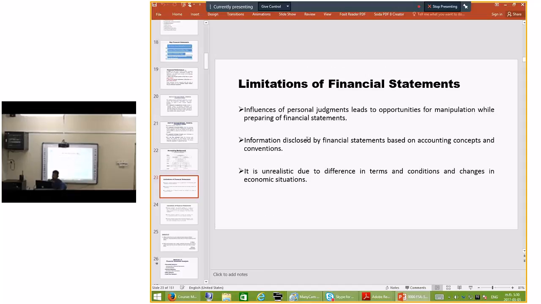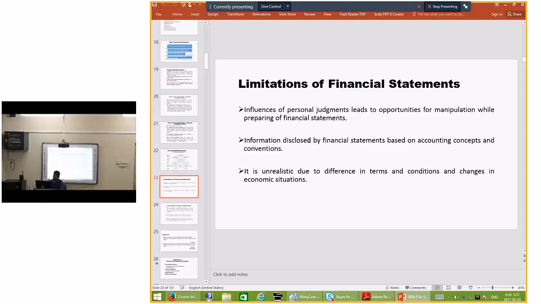Influences of personal judgment. Now you can see the details. Influence of personal judgment leads to opportunities for manipulation while preparing a financial statement. Are you aware of this issue? Information disclosed by financial statements is based on accounting concepts and conventions. It is unrealistic due to differences in terms and conditions and changes in the economic situation.